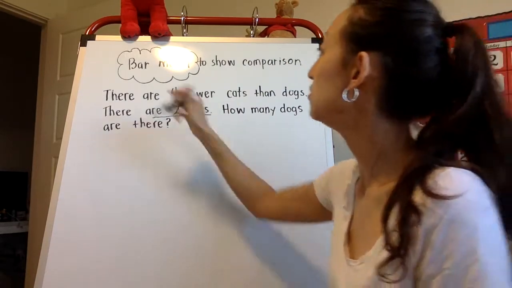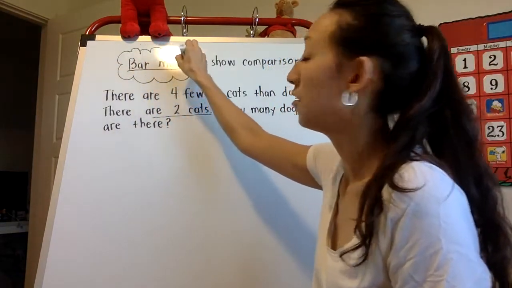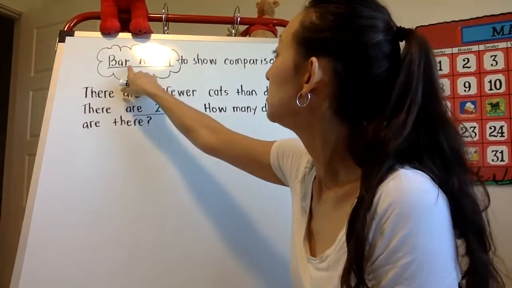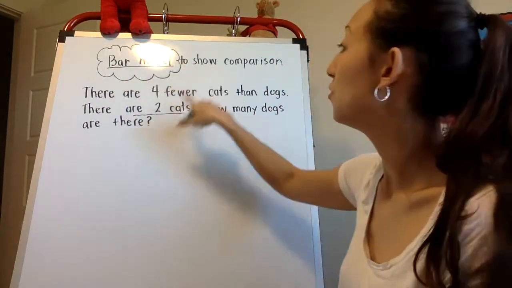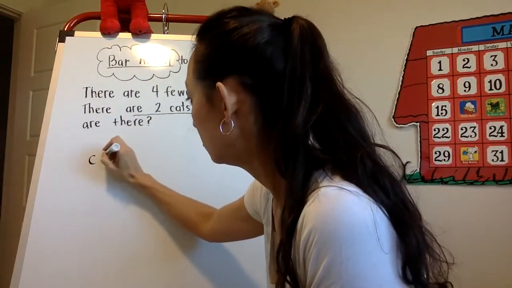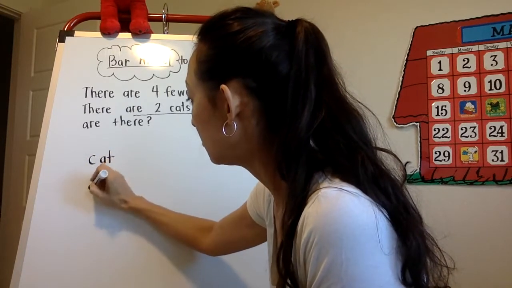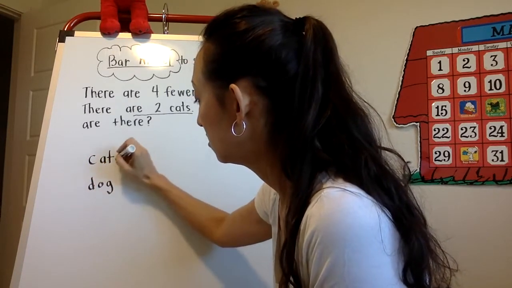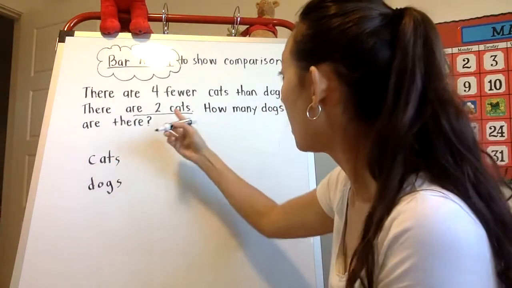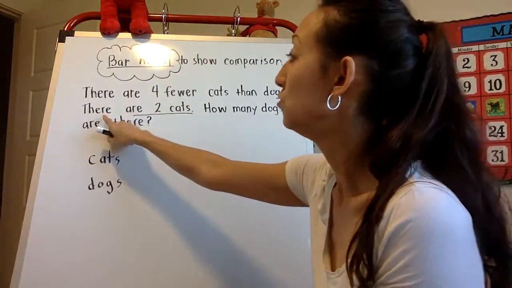We are going to use a bar model to show the comparison. Can you see that with the glare? A bar model would need some labels: cats and dogs. And there is something that I do know right here.